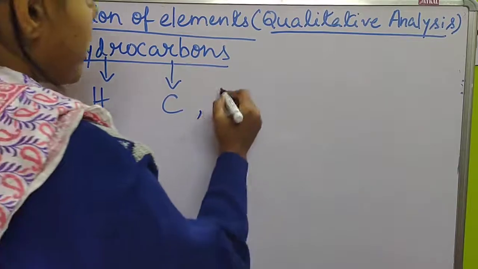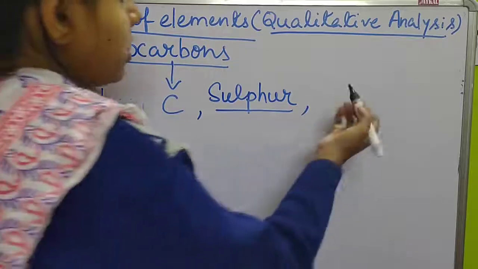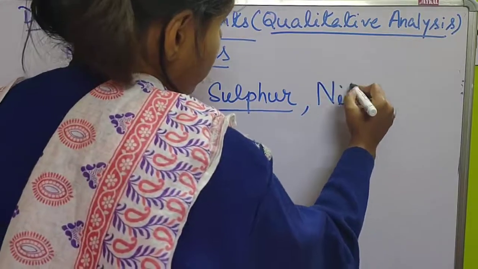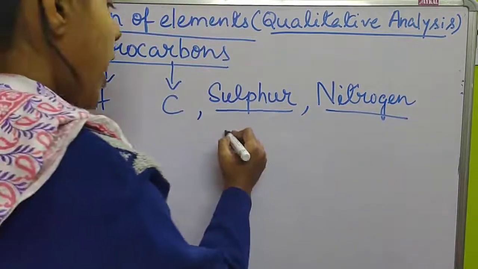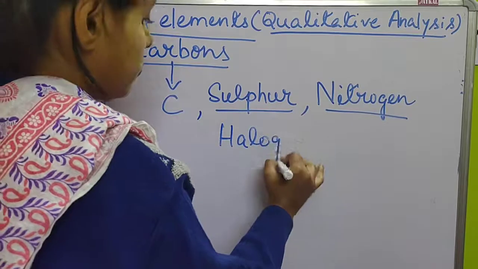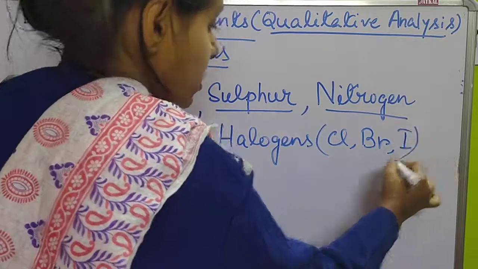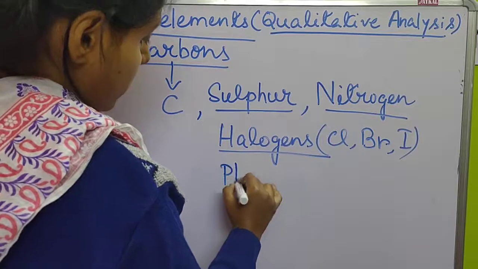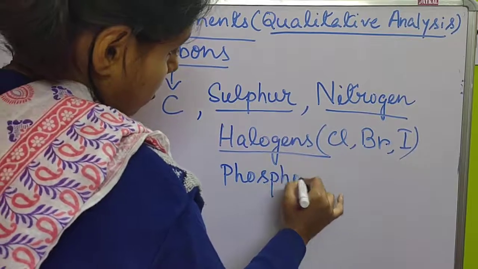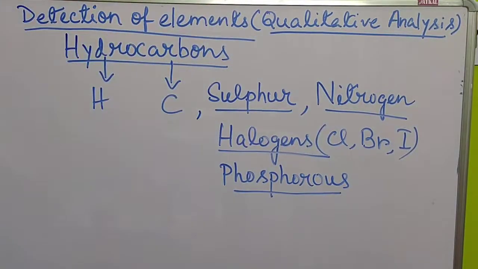That can be sulfur, nitrogen, halogens, meaning chlorine, bromine, iodine, and then phosphorus.